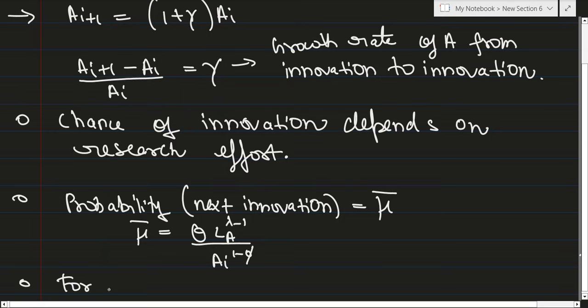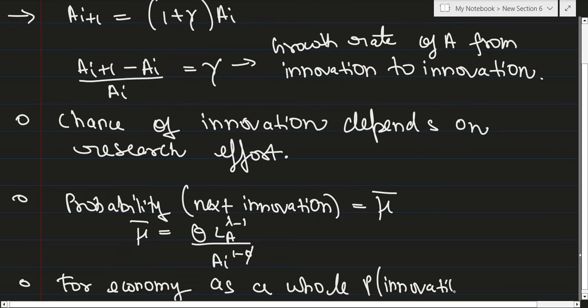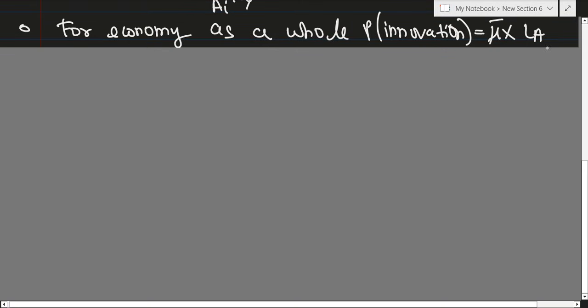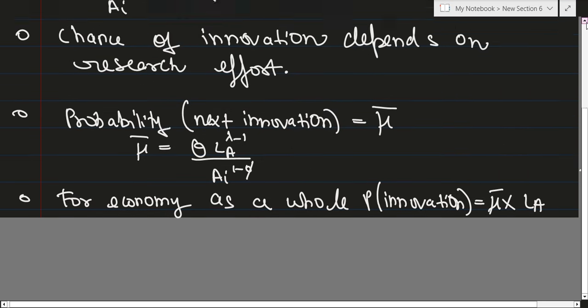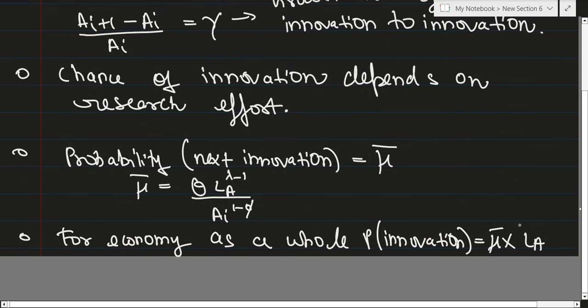So for the economy as a whole, the probability of innovation equals nu bar into L_A. We are multiplying the individual probability with the number of individuals engaged in research. You can see that.